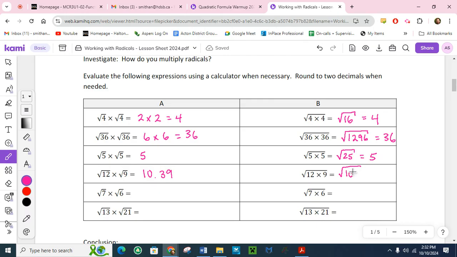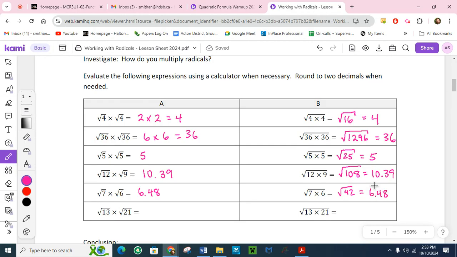I mean, it's possible we're now into a little bit of overkill territory. But it appears there's a pattern here. Let's just finish it off for completeness sake. Root 7 times root 6 separately is about 6.48. And then the root of 42, I'm going to guess it's about 6.48. Yep.